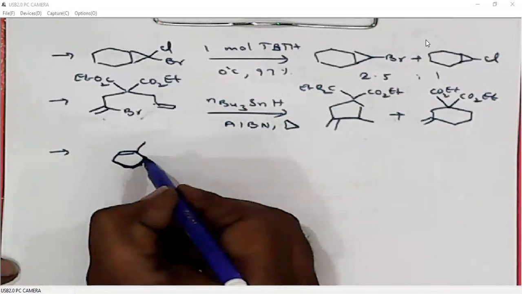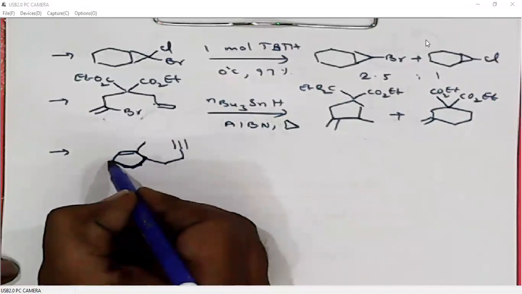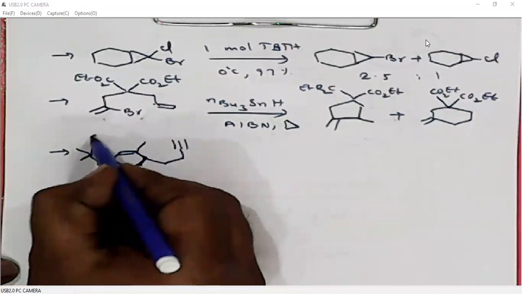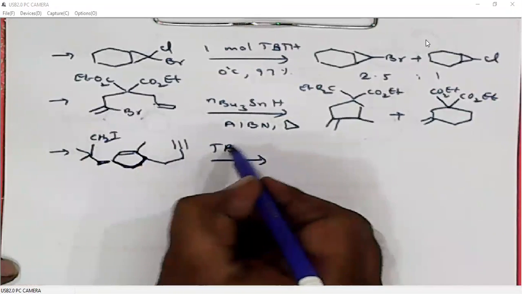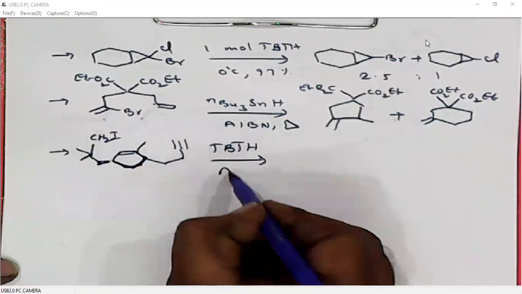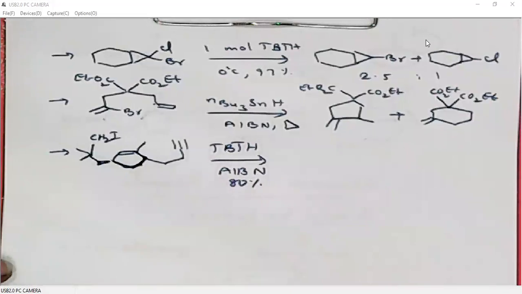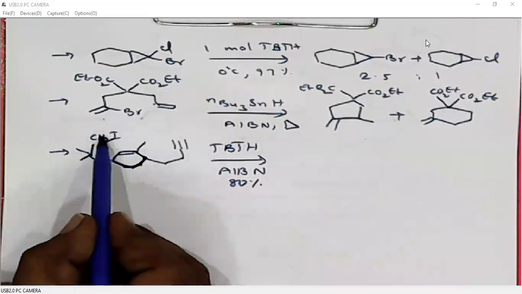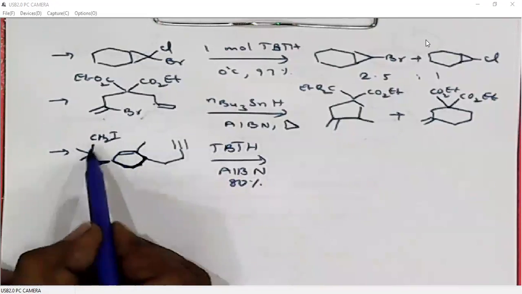The same reaction conditions were utilized for a tandem cyclization process. You see here, when we generate the radical initially here, it will undergo cyclization with this double bond.